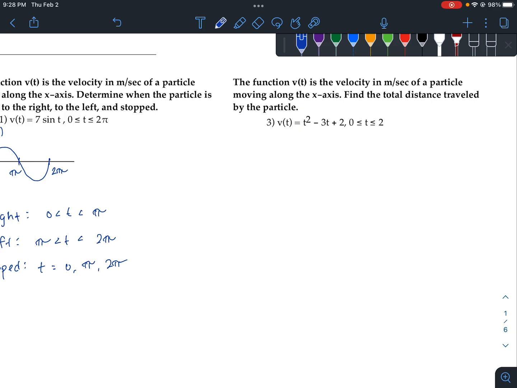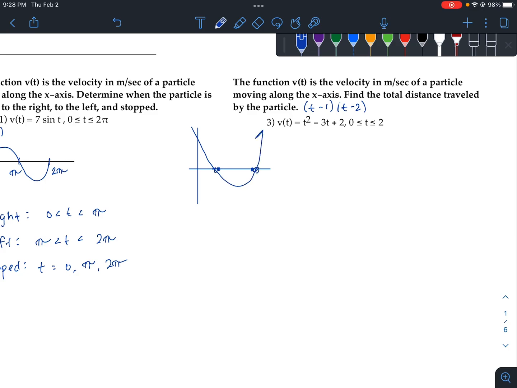Okay, so this is a quadratic right here that can be factored into t minus 1 and t minus 2, it looks like. So if we think about what that graph would look like, a quadratic, we know that it's going to have x-intercepts at 1 and at 2, not to scale by the way, and it's a positive quadratic, so it'd probably look something like this right here.